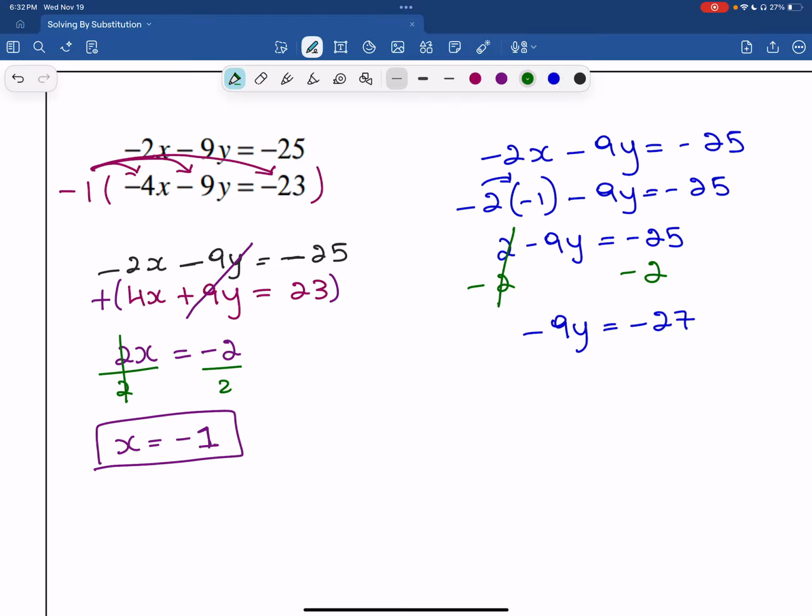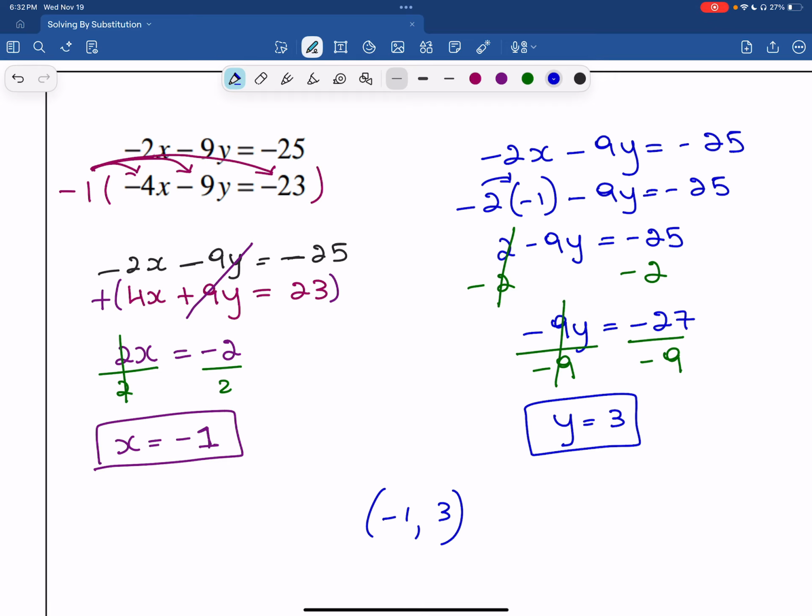Last step to solve for y is to divide both sides by the number in front of y, so we're dividing both sides by -9. -9 and -9 will cancel, and y is equal to +3. So our solution here is -1, 3.